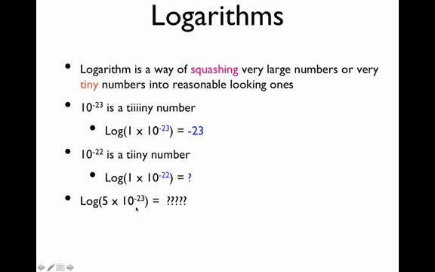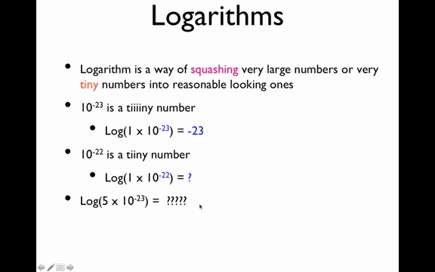The logarithm of 5 times 10 to the minus 23, again, I don't expect you to be able to look at this and figure out the answer, but it turns out to be about minus 22.3. So again, this number is sandwiched somewhere in between this one, and the logarithm of this number is sandwiched somewhere in between minus 22 and minus 23.